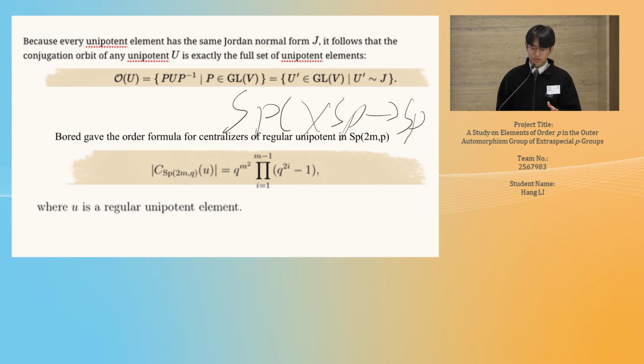We know the orbit is the conjugacy class, and the conjugacy class is this, but this is not the general linear group. I made a mistake, it's the symplectic group. And Bohr proved that the centralizer, which is the stabilizer of the conjugacy class, is this.